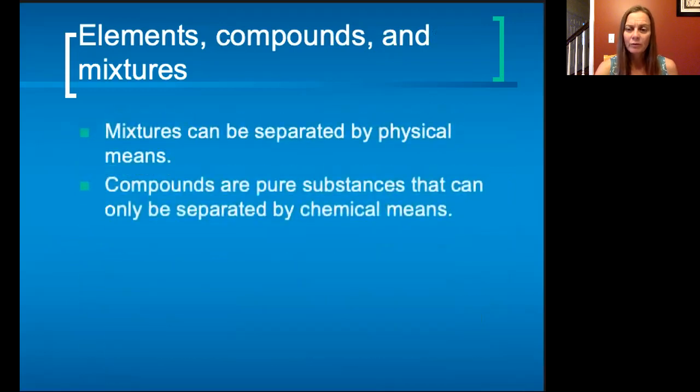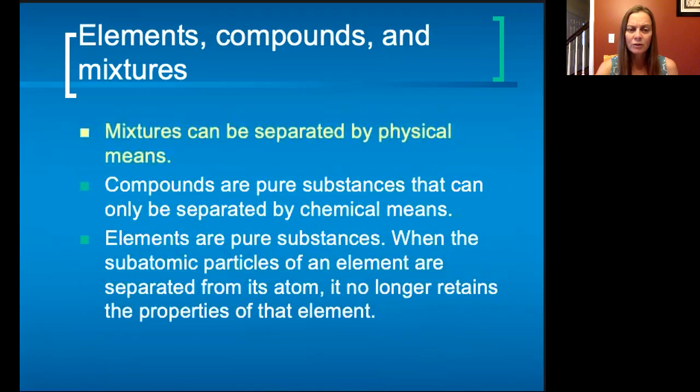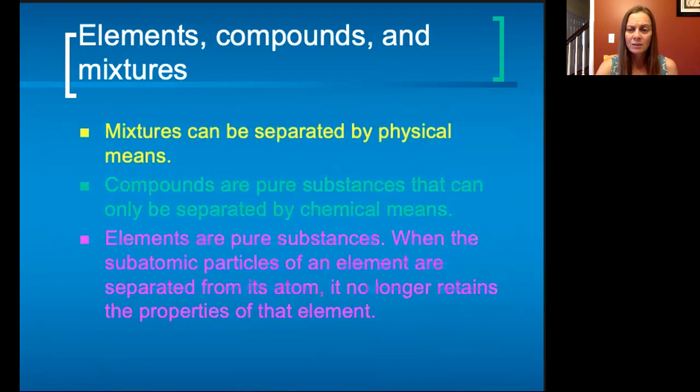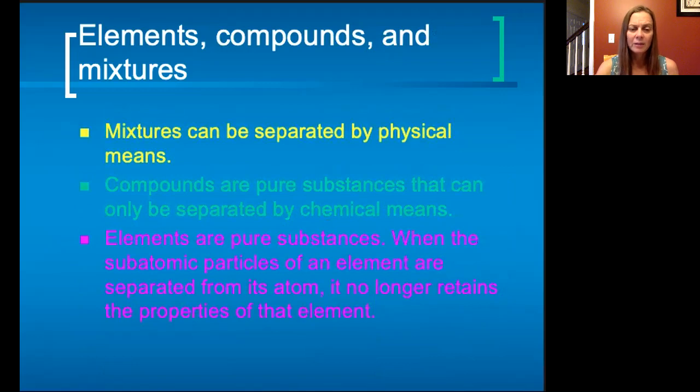And just a review from last unit, we remember that mixtures can be separated by physical means. Compounds are pure substances that can only be separated by chemical means. And elements are a specific subcategory of pure substances. And if we separate those subatomic particles of the element, it no longer retains the properties of that element.